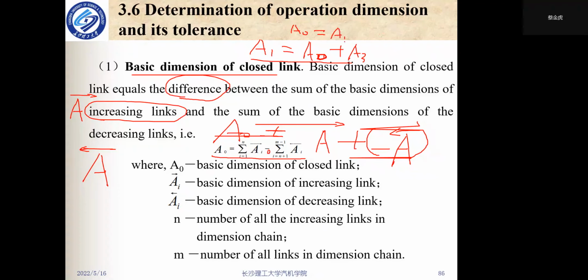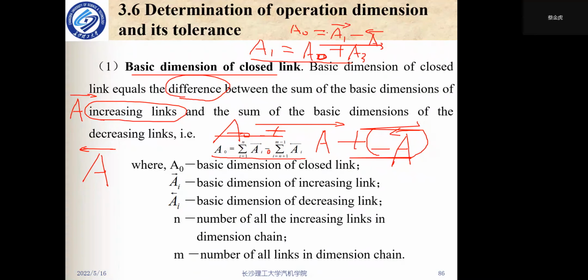A0 equals A1 minus A3. In that example, A0 is the closed link, A1 is the increasing link, and A3 is the decreasing link.